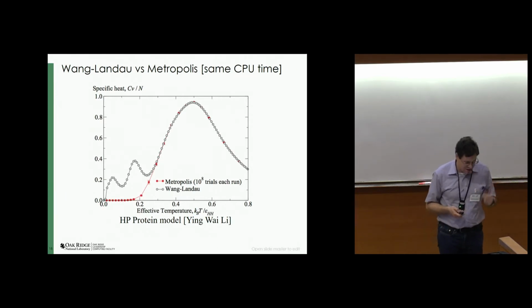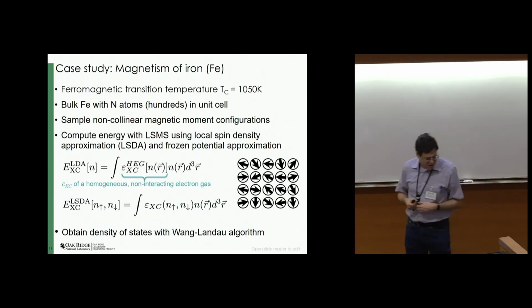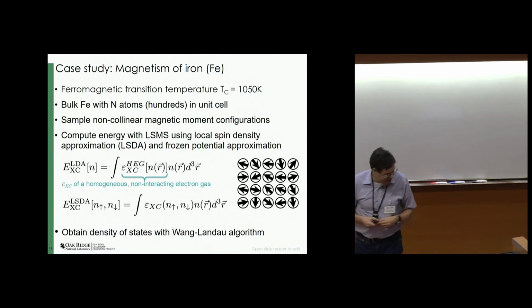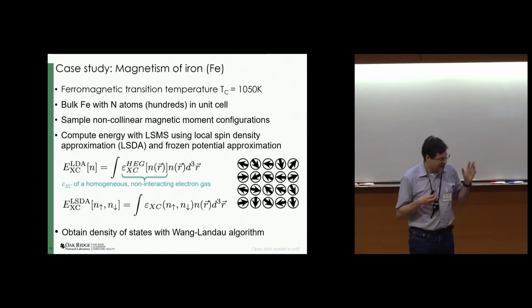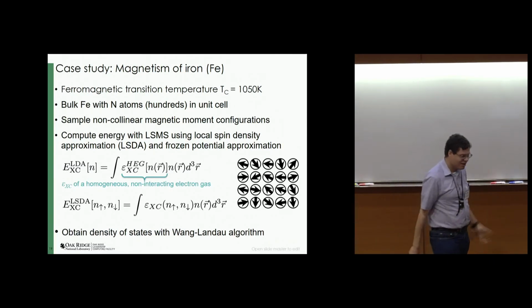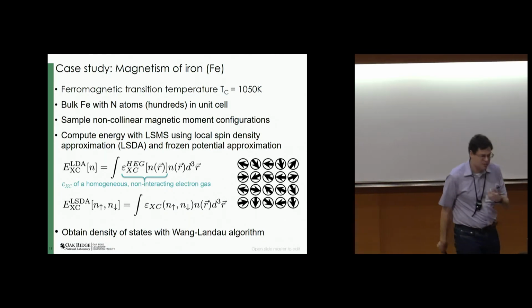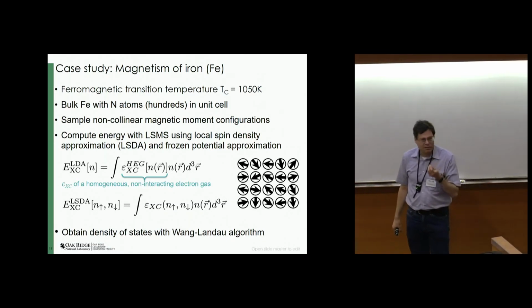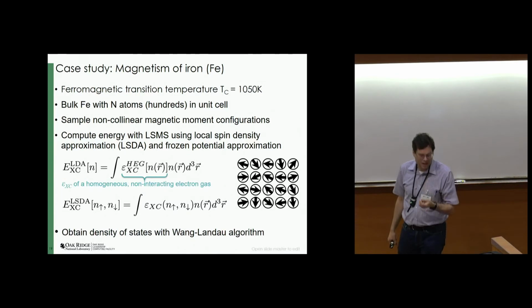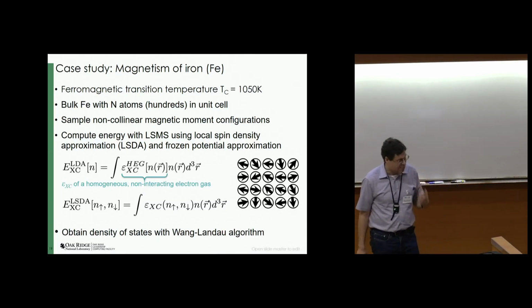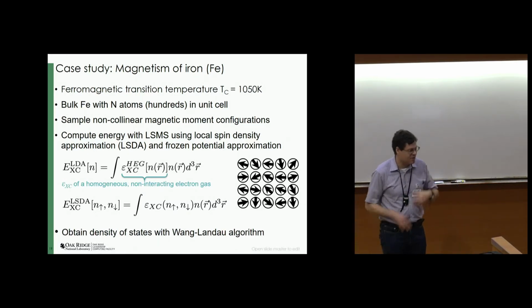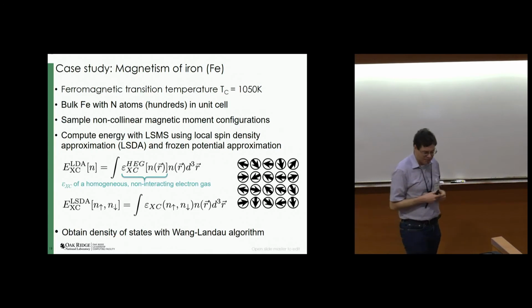So that's already a good step. That encouraged us, and we asked, can we find the Curie temperature, the temperature at which a magnet becomes non-magnetic, completely from first principles, without mapping to a model?